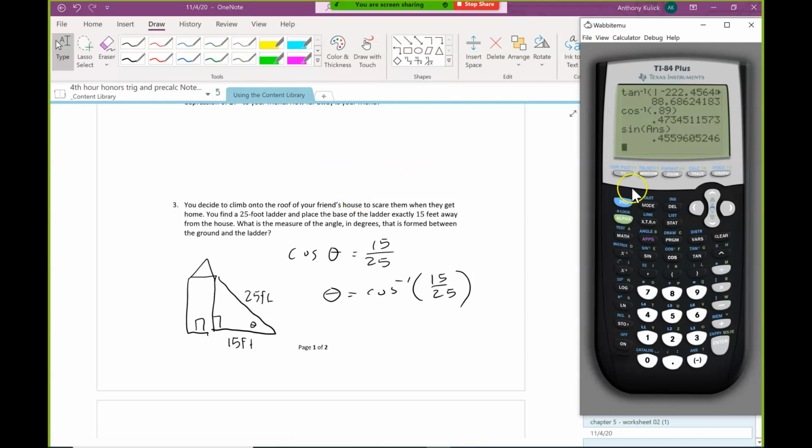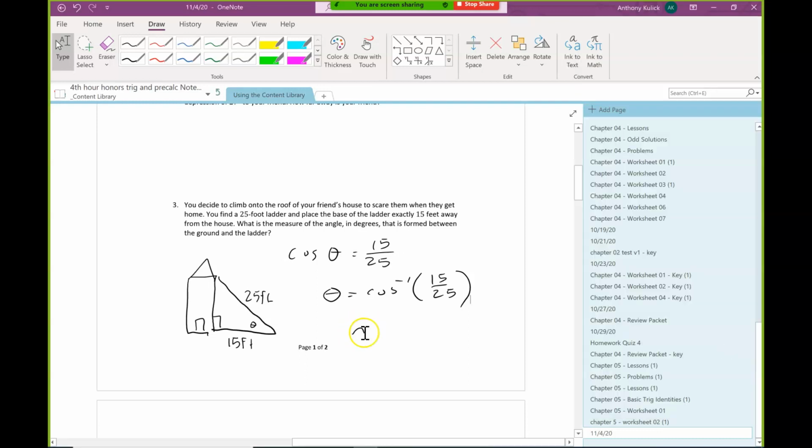And I think it asks for degrees, so I'll change my calculator to degree mode. And then I'm just going to do cosine inverse of 15 divided by 25. And I should get about 53.1 degrees. Okay. So you'll end up using an inverse function to get the angle out of that.